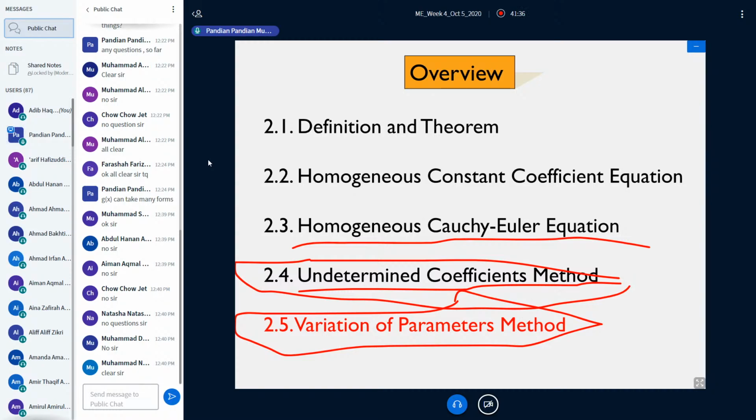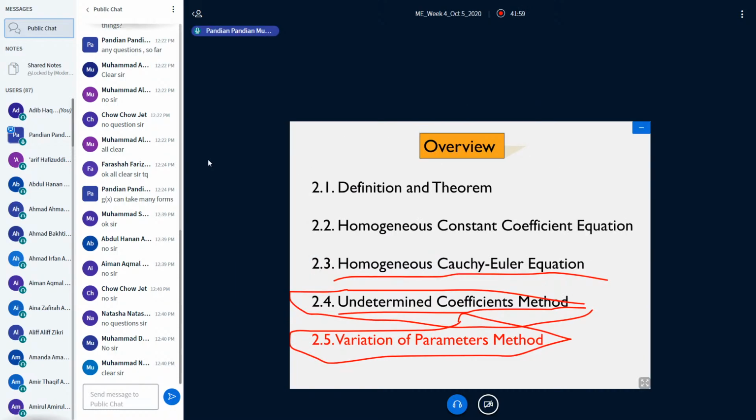For homogeneous constant coefficient, because the right-hand side is 0, g(x) is 0, so you find the auxiliary equation. When you solve the auxiliary equation, you have 3 cases of roots.